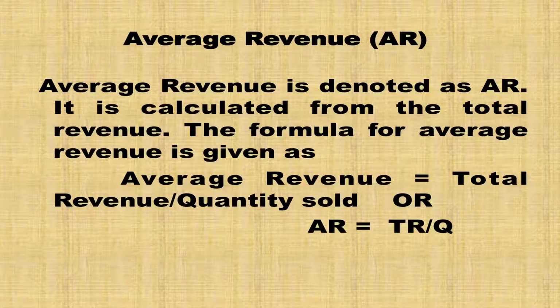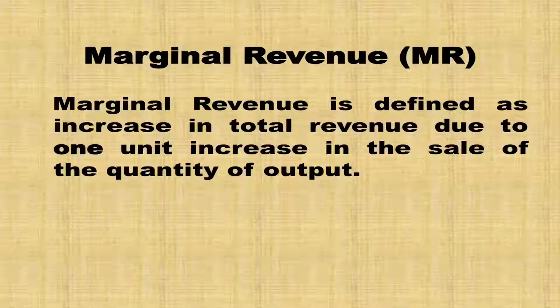Symbolically, as you can see, AR equals TR upon Q, and since TR is nothing but P into Q, Q is repeated in the numerator and the denominator, and we get AR is nothing but price itself. Average revenue and price of the commodity are hence one and the same.